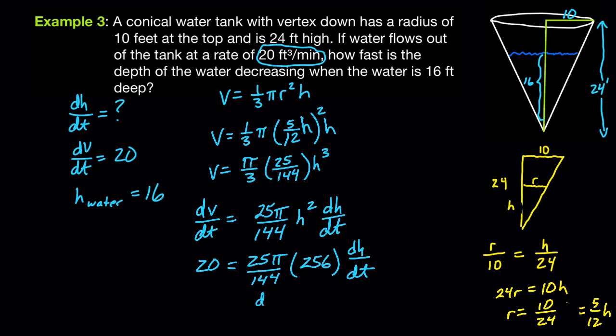And then you can solve for dh/dt, which is 9 over 20 pi. And it's the rate at which the height of the water is changing, so that would be feet per minute.